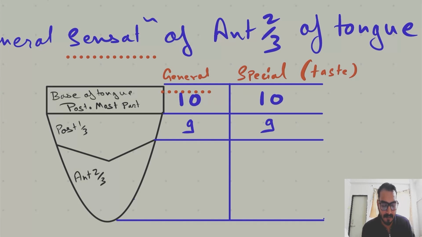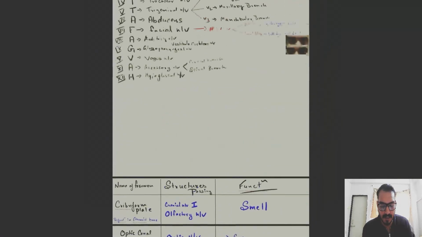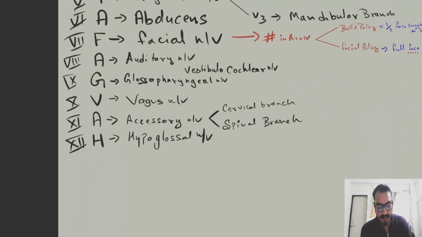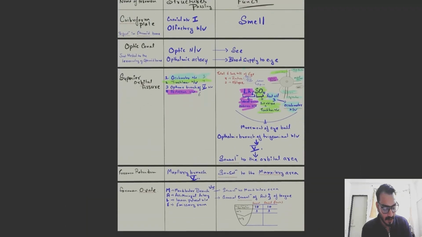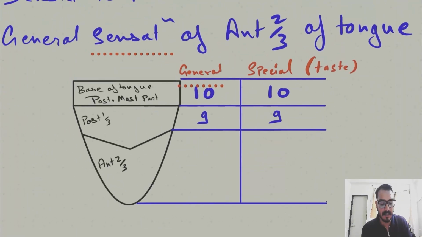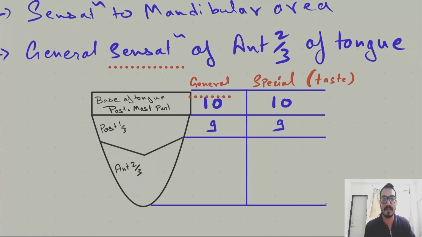What is the name of cranial nerve number 9, guys? It is known as the glossopharyngeal nerve.